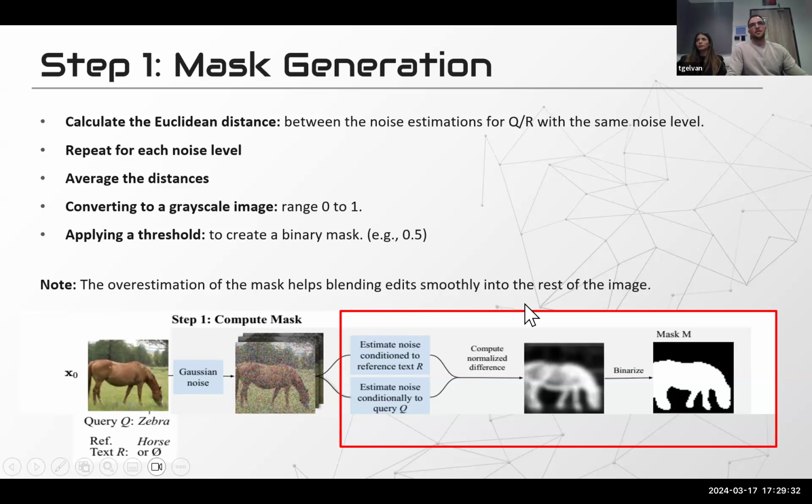And then we're doing just technical stuff to convert the image to grayscale, and then applying a threshold to get a binary mask just for the relevant place to be edited. And actually, you can see that it's not perfect, and it will help us in the future because it will blend part of the rest of the background into the image generation.